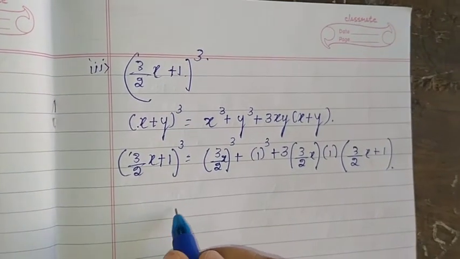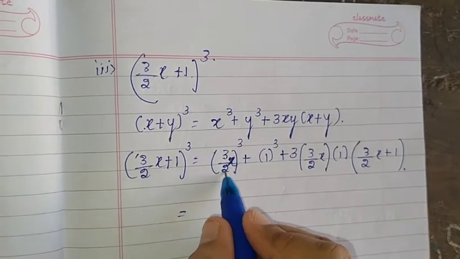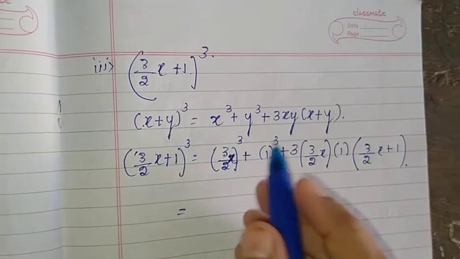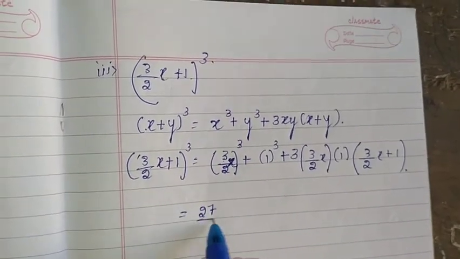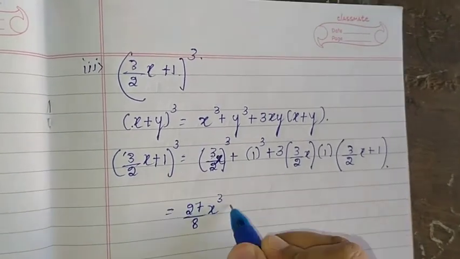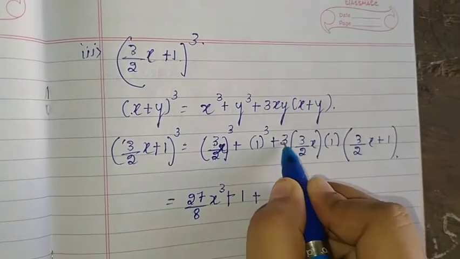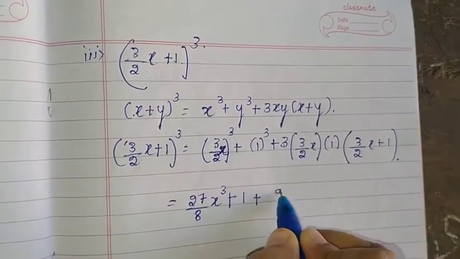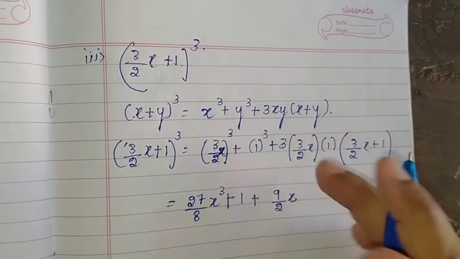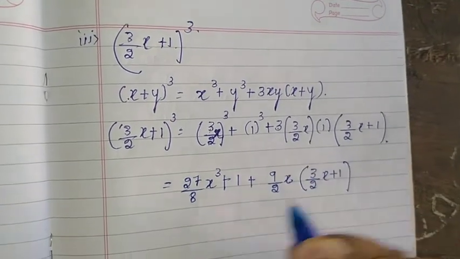Okay, so now you can see over here 3 by 2 the whole cube, in the sense 3 cube divided by 2 cube, isn't it? 3 cube is 27 and 2 cube is 8, x cube as it is, plus 1 cube in the sense 1, plus 3 into 3 is 9 divided by 2x multiplied by 1, same thing you are going to get, into (3/2 x + 1).